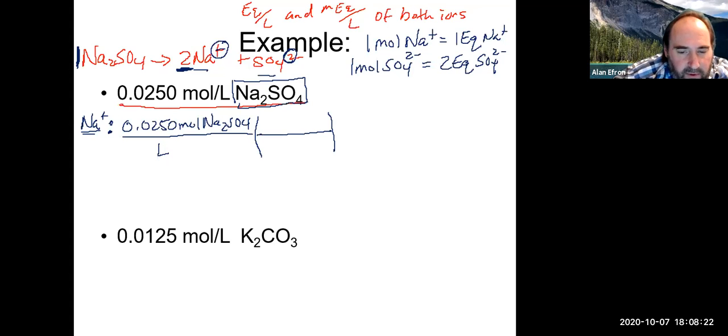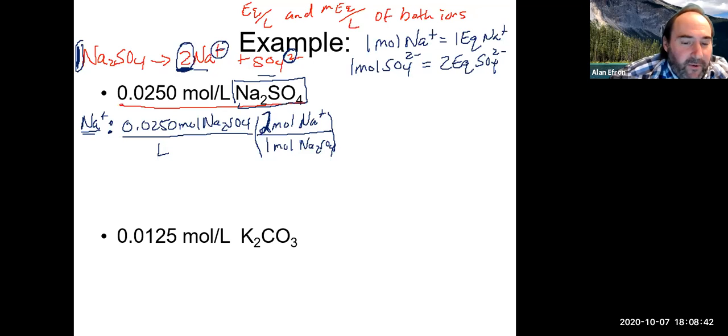For every 1 mole of the entire thing, I get 2 moles of the sodium ion. Actually, I should do the right number, that would probably be better. Again, the 2 is coming from right here, and the 1 is coming from here. So what that's going to do is really convert the moles per liter, which is really molarity, a unit of concentration, into what the concentration is of just the sodium ions.